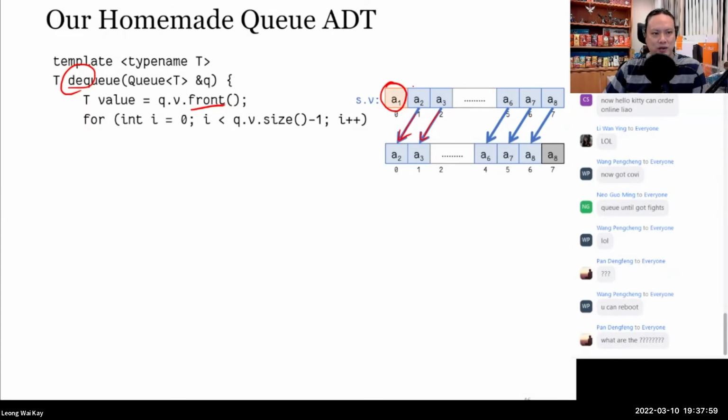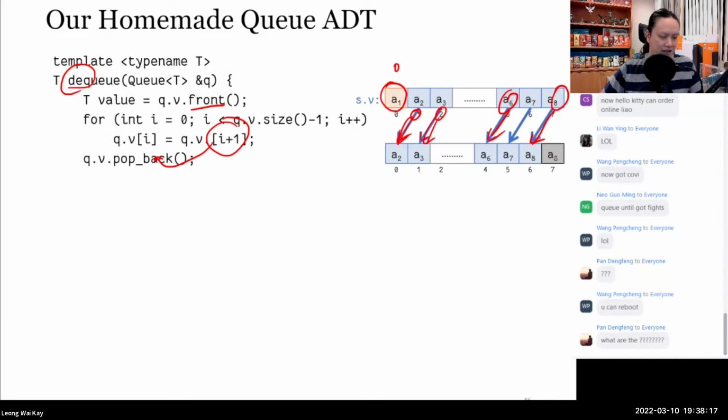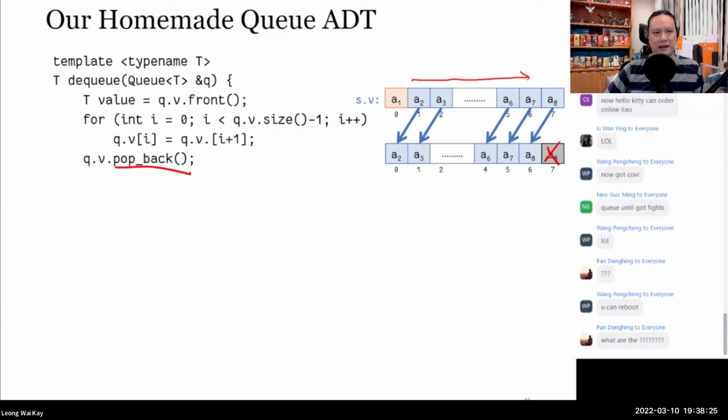So for i equals 0, you copy the i plus 1 into the i, and so on. Finally, you delete the back. So we need to go down and do this copying.